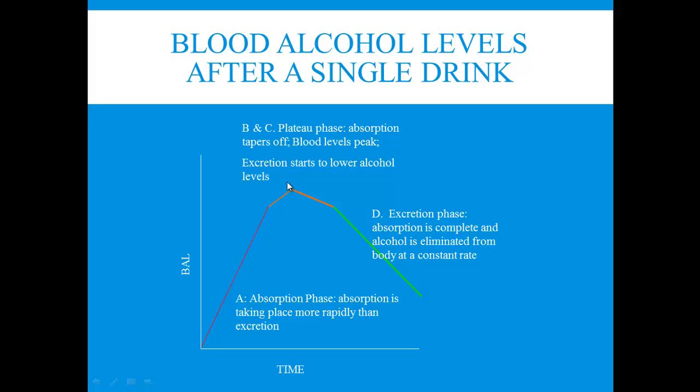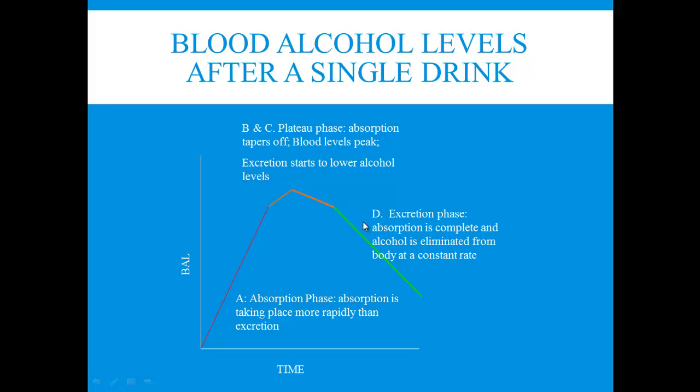And then B and C, here from our textbook, we're combining these two parts. As an individual continues drinking and all of the alcohol gets absorbed into the bloodstream, the absorption is going to taper, and here you'll see that the blood alcohol levels peak. And then excretion starts to lower the levels of alcohol.